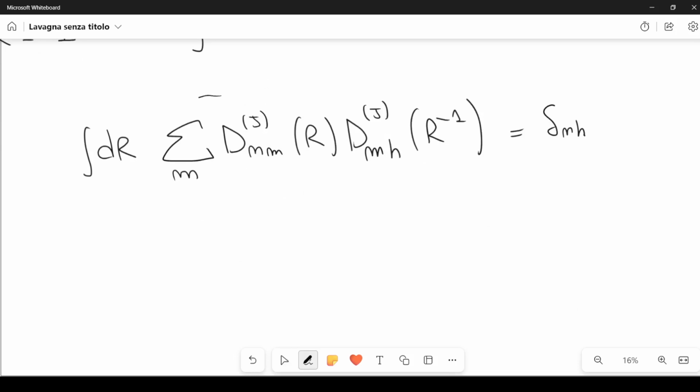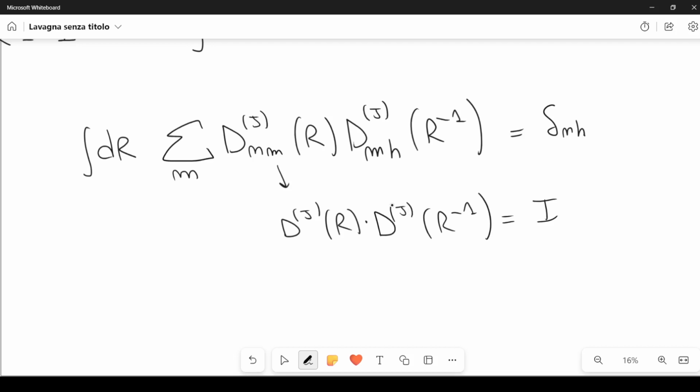What I get from here is basically the matrix d j of r acting on d j of r inverse. Now, this is quite intuitive: when we consider Wigner matrices of a certain rotation and we act on a matrix which is a representation of the inverse, we get the identity. So it is quite intuitive that this should be the case.